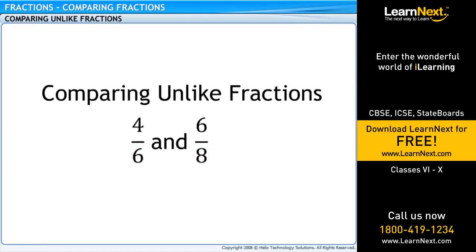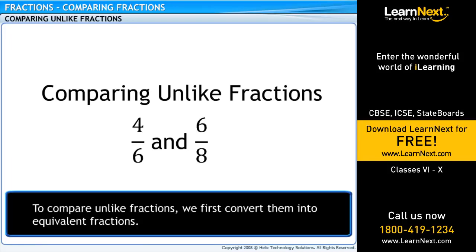Fractions that have different denominators are called unlike fractions. Good going, Jim. In order to compare unlike fractions, we first convert them into equivalent fractions. By doing this, we can change the denominator of the fraction without actually changing its value.